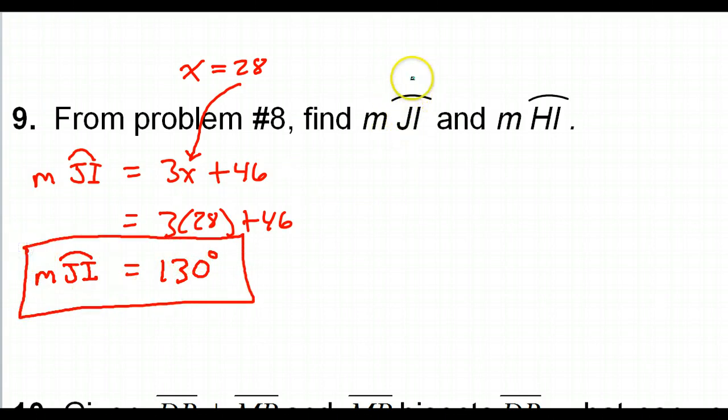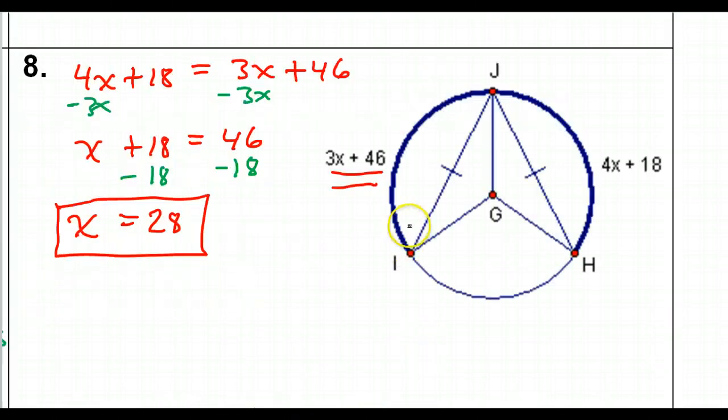Okay, so we've done this part so far. Check. Now we need to find the measure of arc HI. We'll need the picture again for that. We just found that the measure of arc JI is 130 degrees. Now we're supposed to find the measure of HI, which is down here.